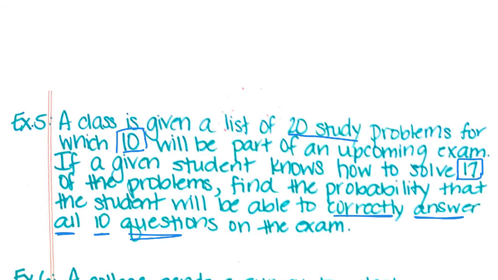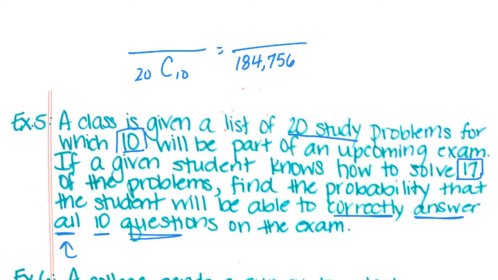So that's the key word, all 10 questions. So remember, my sample space is 20 combination 10, because there are 184,756 ways that these questions can be given.